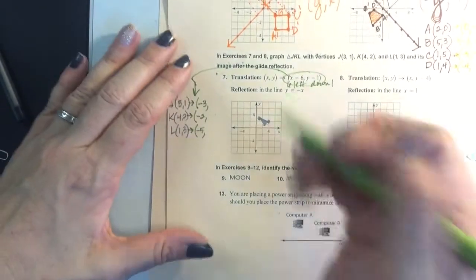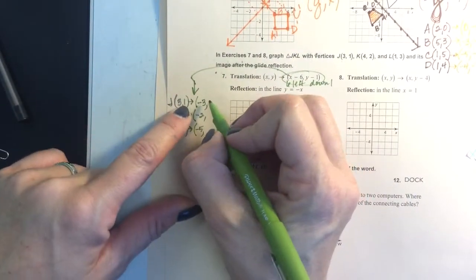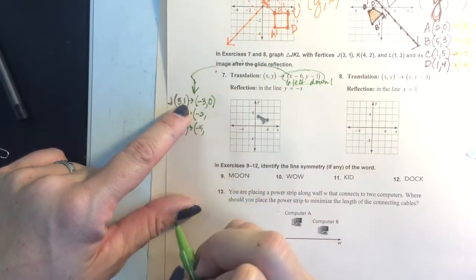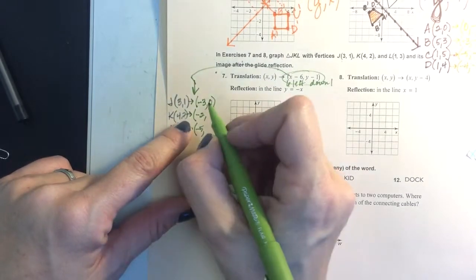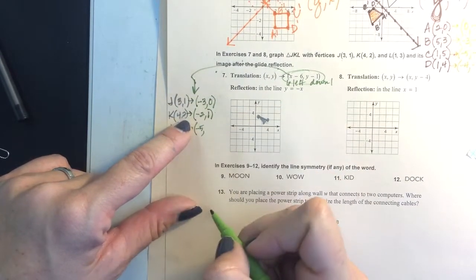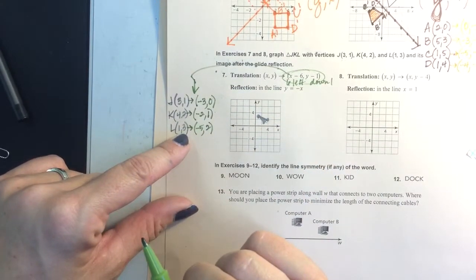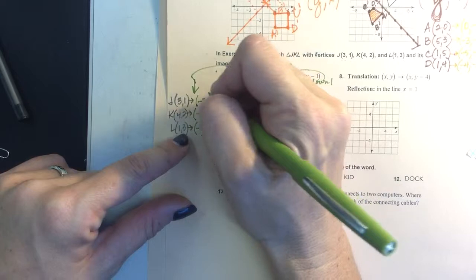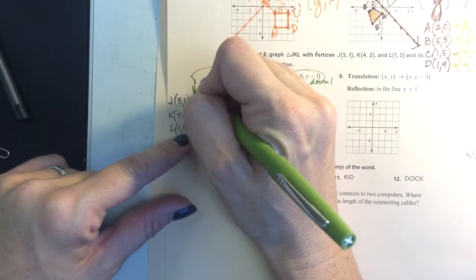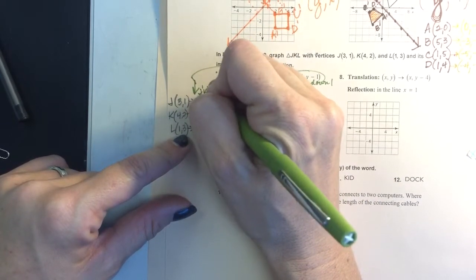Let's write down all the y's that go with each of these. 1 minus 1, 0. 2 minus 1 is going to bring me to 1. 3 minus 1 is going to bring me to 2. Now, this is my primes. This is J prime, K prime, L prime.